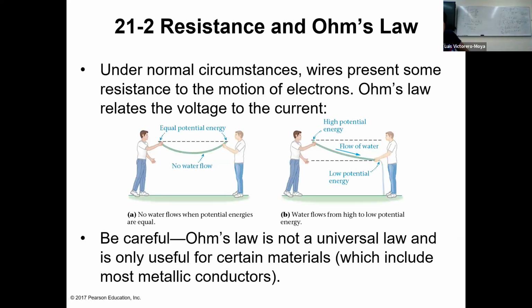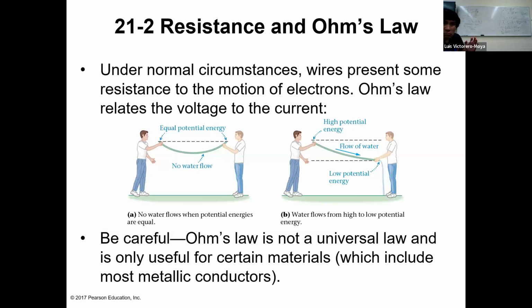Ohm's law is not really a universal law. Why? Because a lot of materials are what we know as non-ohmic materials. They don't follow Ohm's law. Tomorrow, before class, we're going to be given two different materials, a resistor and a light bulb.